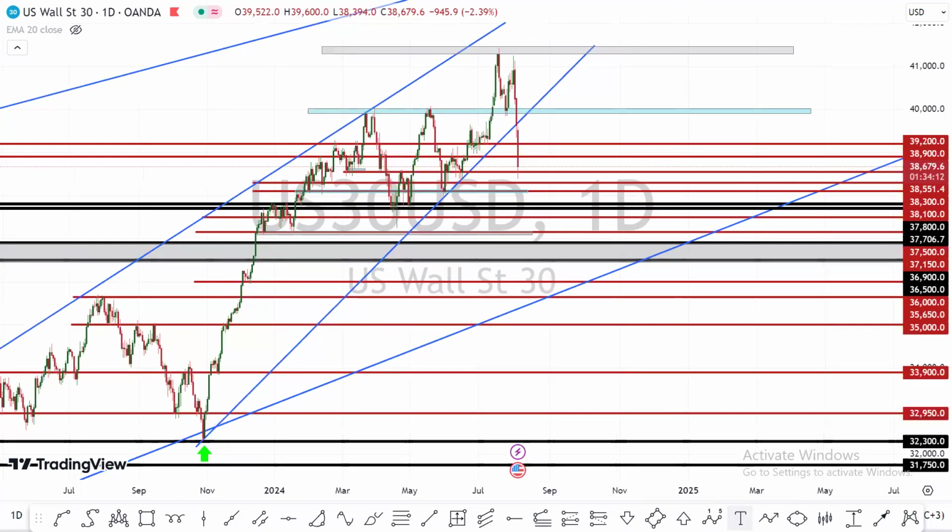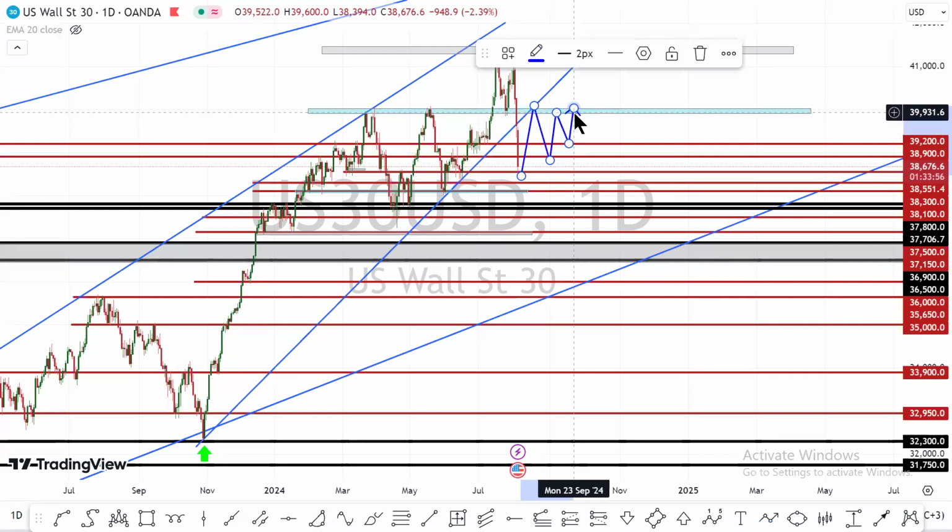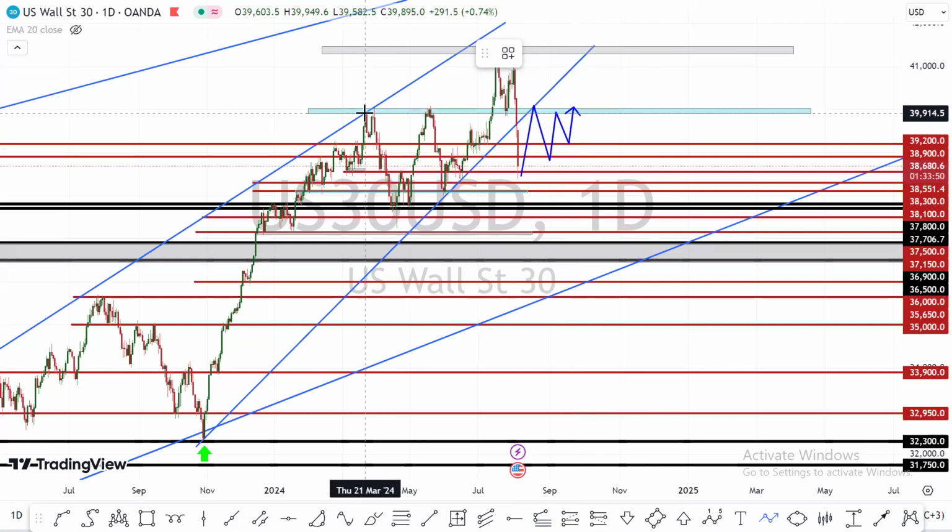Right now, I would say I'm focusing on buys short term to make a retest, and I'm expecting that retest to be like, as you can see, one, two, three.